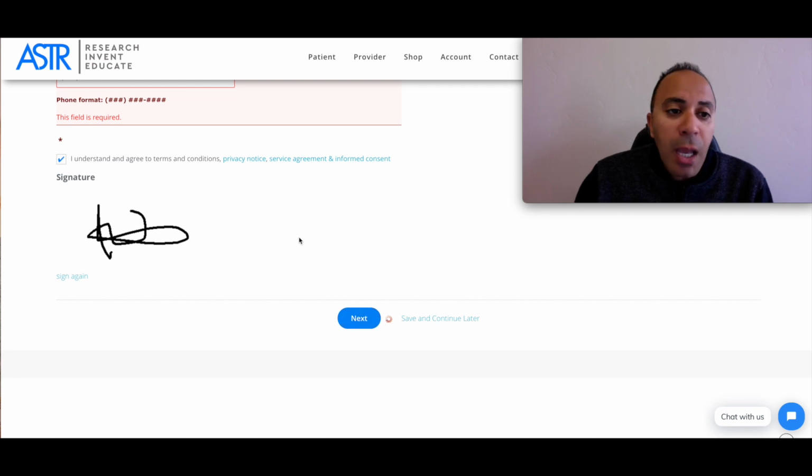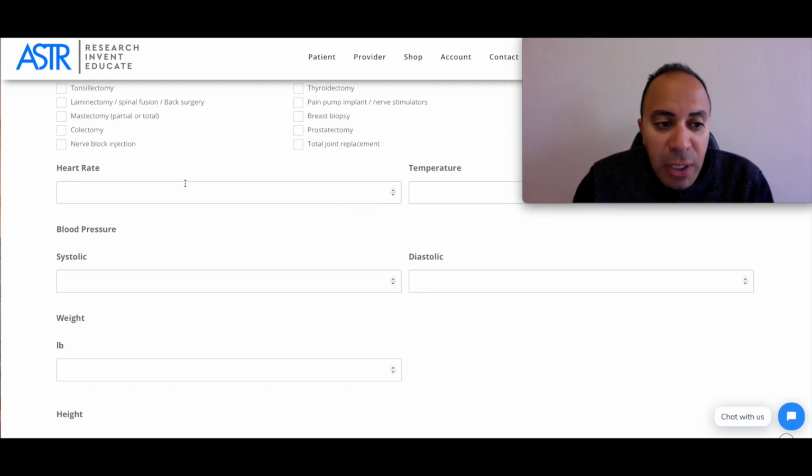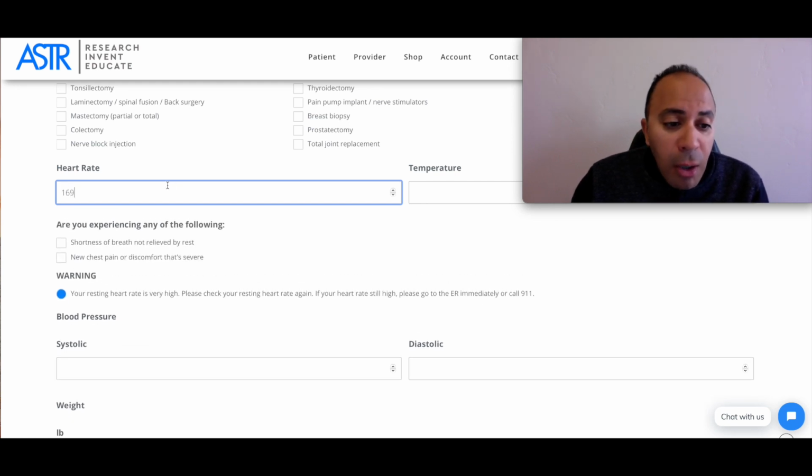This first page is just the medical release, and after that you fill out any medical history you have. The good thing about this software is that if you have risk factors for a life-threatening situation, we included the database for that. Let's say your heart rate is over 160, you're going to receive a message.